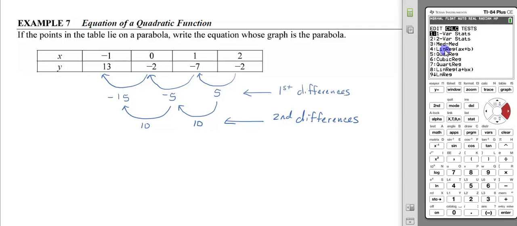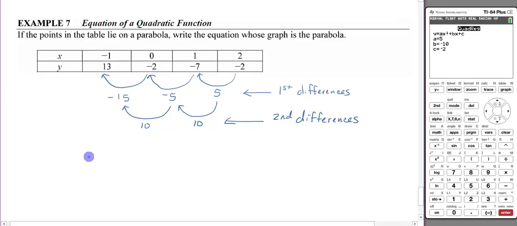Before, we've been doing a linear regression. Underneath that, you see quadratic regression. That's the one we want. So we're going to do a quadratic regression and make sure that your x is pulling from list 1, your y is pulling from list 2. And if you like, you can store that regression equation, just like we did before. Go ahead and have it calculate, and there is your function.